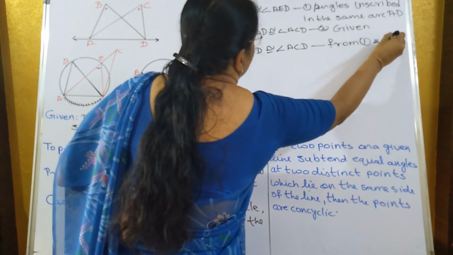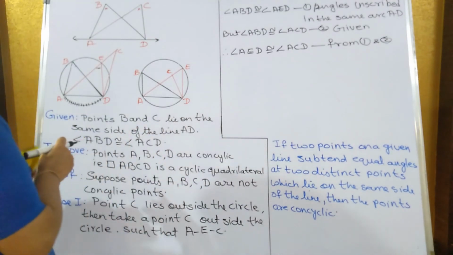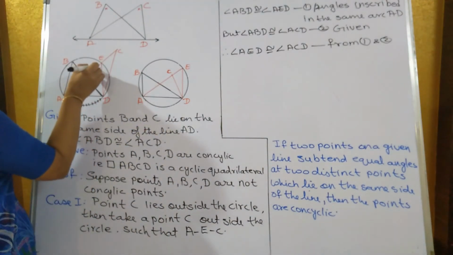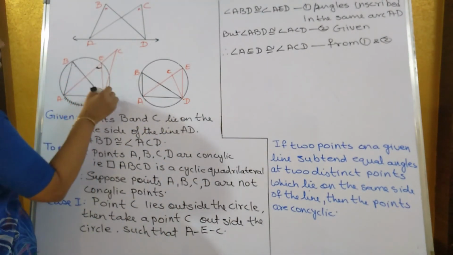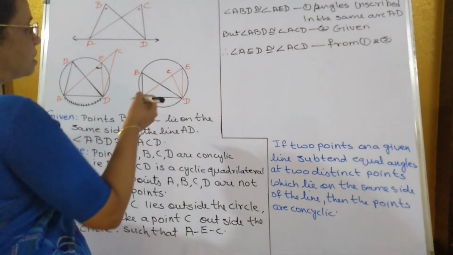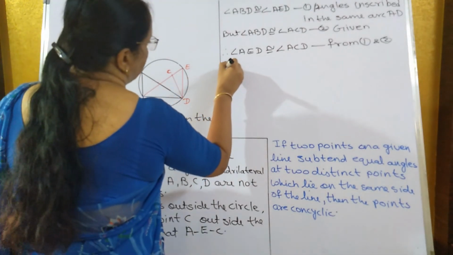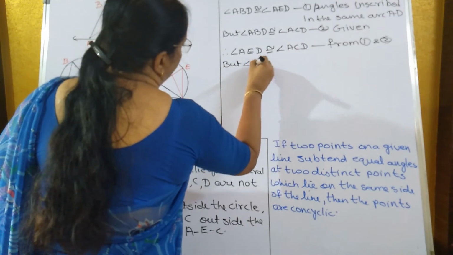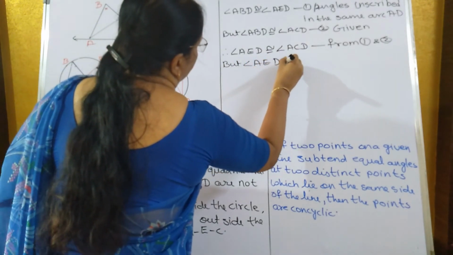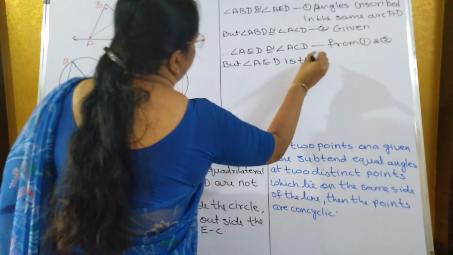But look over here, this angle AED is the exterior angle of triangle ECD, like in the previous theorem.